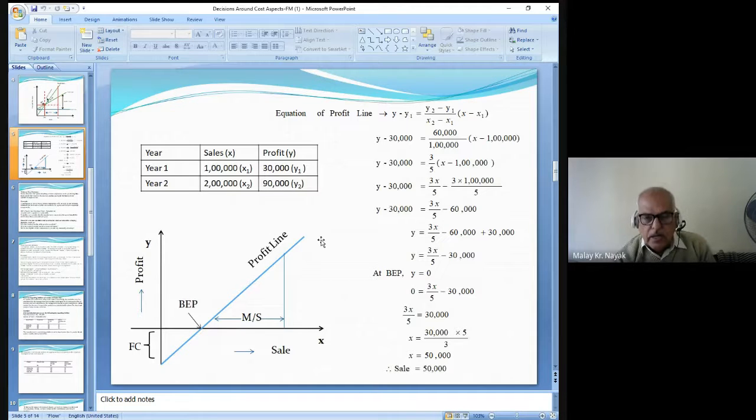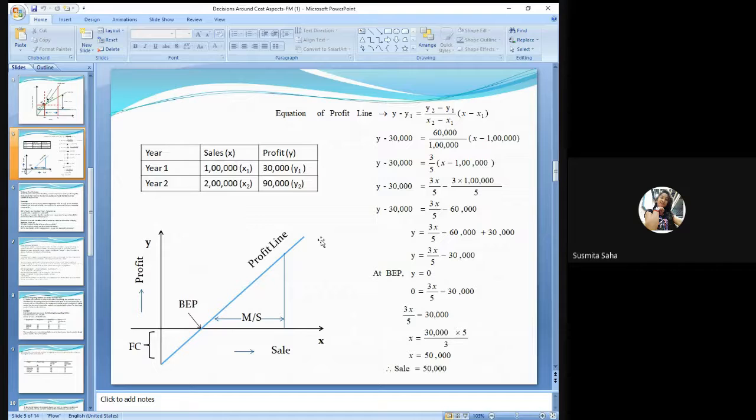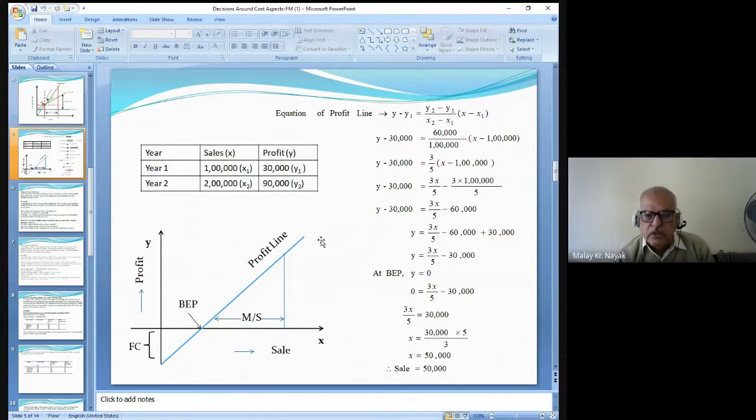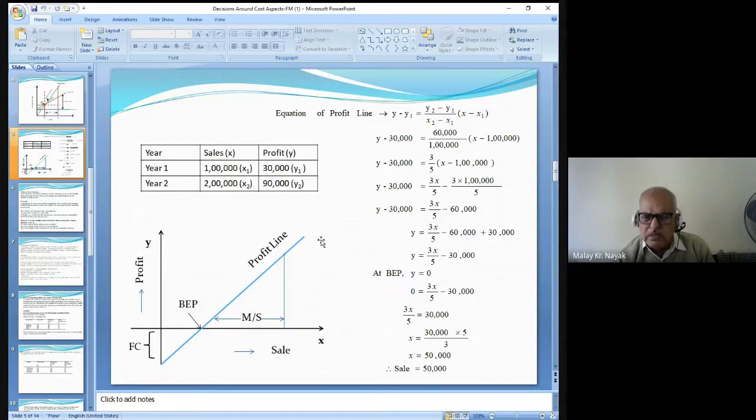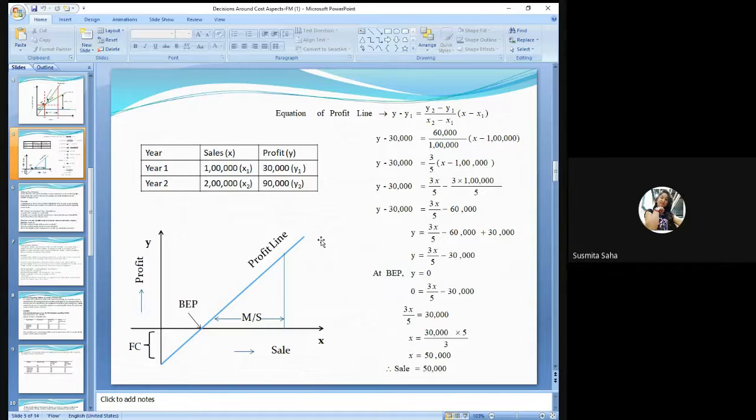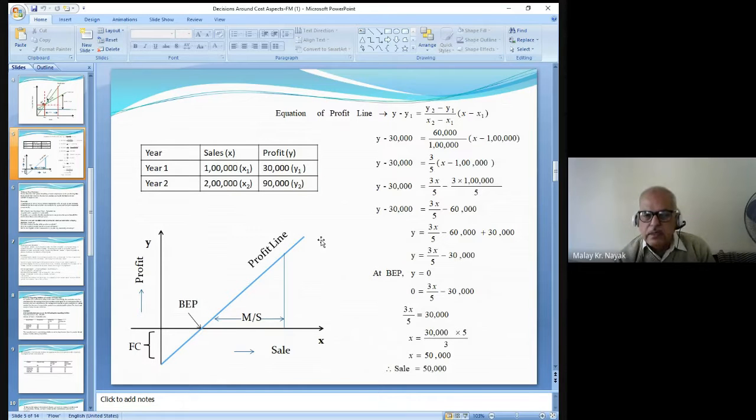In December, you have stopped your production. Then what is your profit? Sir, there will be no profit, but I have to bear that 2000. The profit is 0? Is it minus 2000? Minus 2000. It is not 0, it is minus 2000.